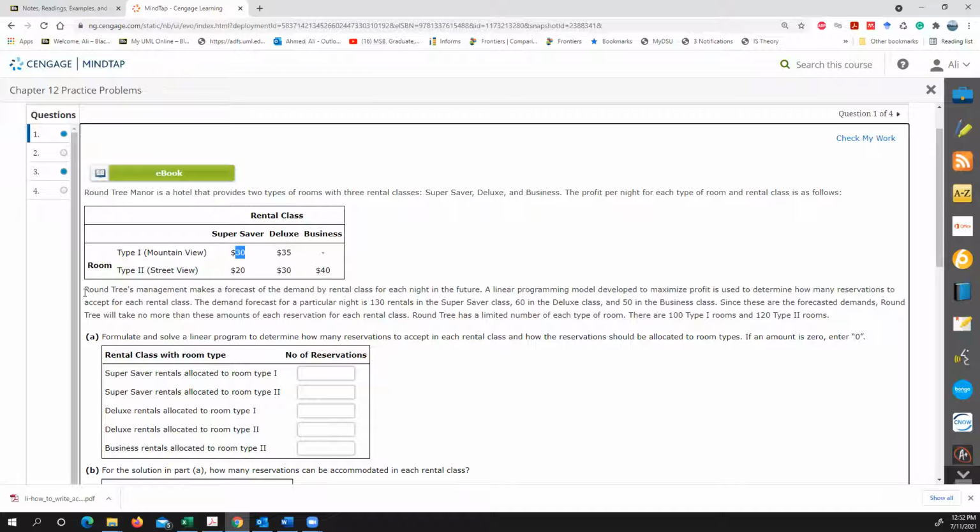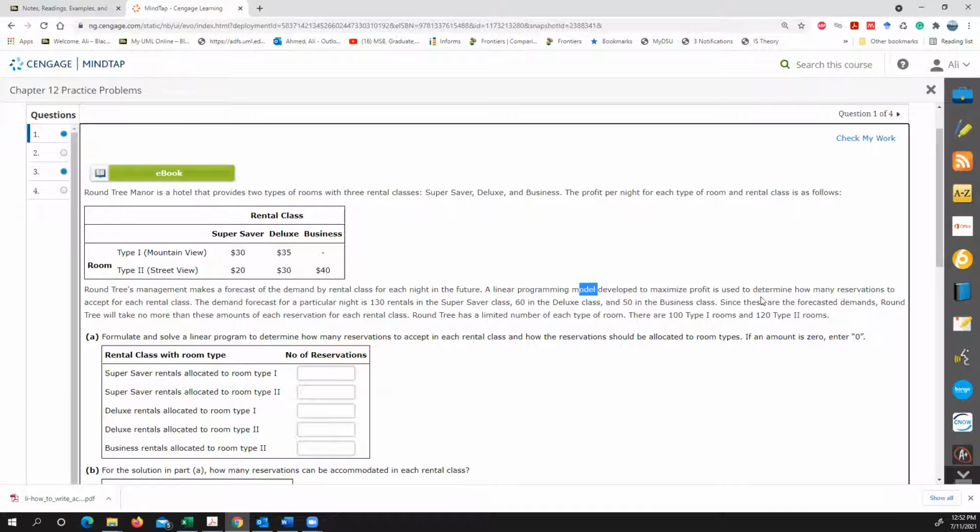The Roundtree management makes a forecast of the demand by rental class for each night in the future. A linear programming model developed to maximize the profit is used to determine how many reservations to accept for each rental class.